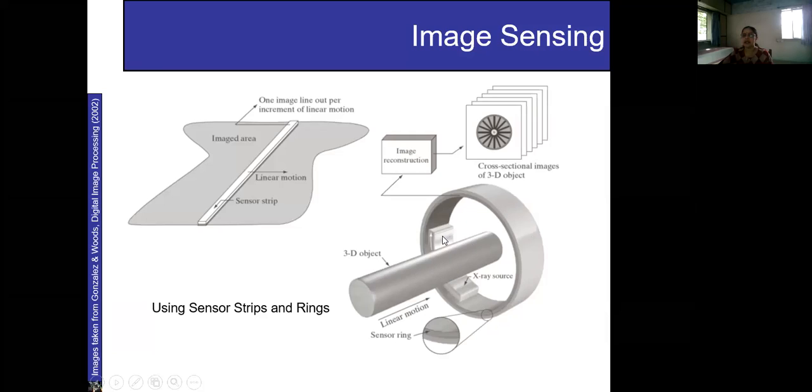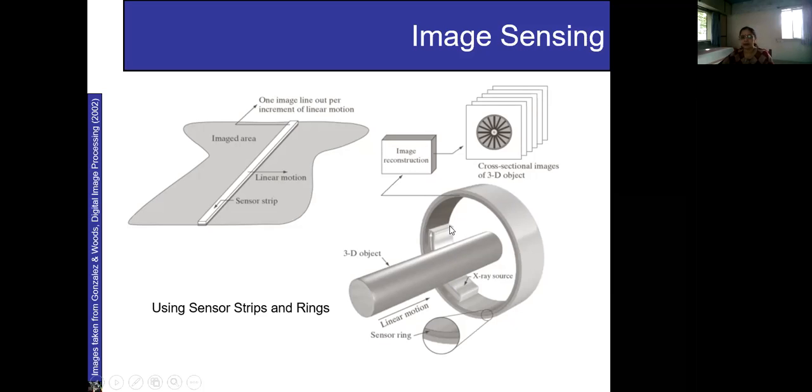This is your object for which images are to be captured, and these X-rays are passed through this object and collected on the other side. The sensed energy is collected by the sensors on the opposite side of the X-ray source.